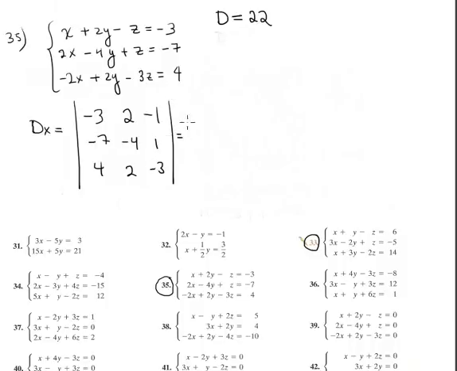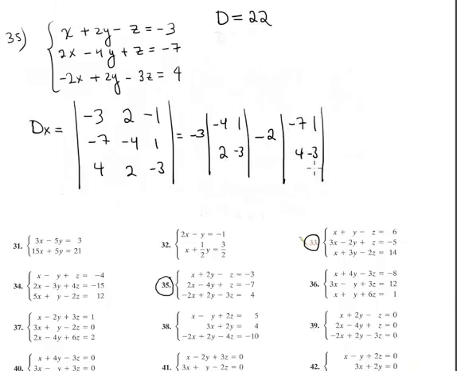So negative 3 times the determinant negative 4, 1, 2, negative 3. Minus 2 times the determinant minus 7, 1, 4, and negative 3. Good. Minus 1 times the determinant minus 7, negative 4, 4 and 2.